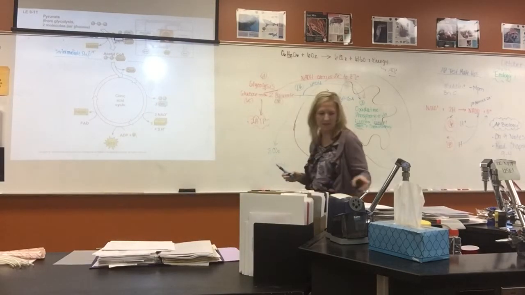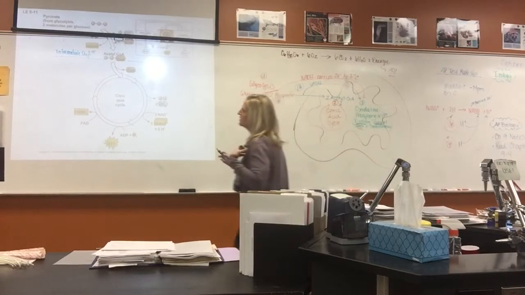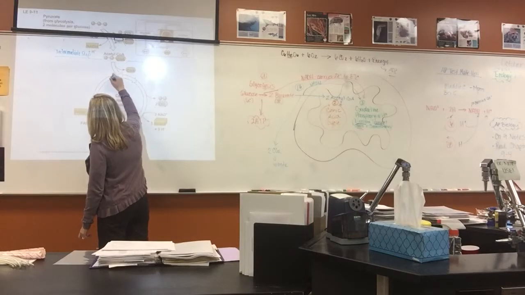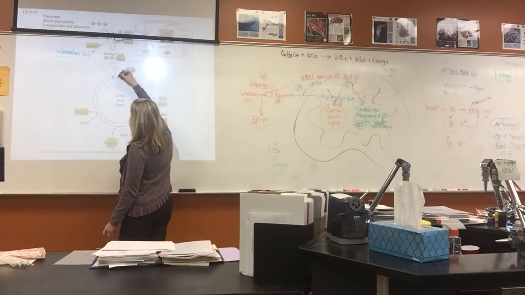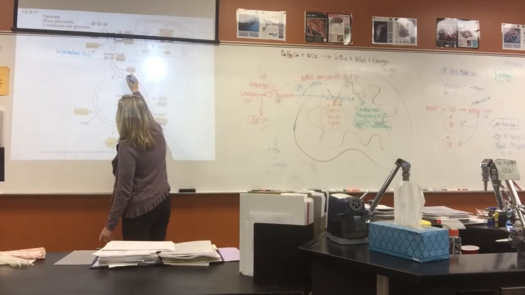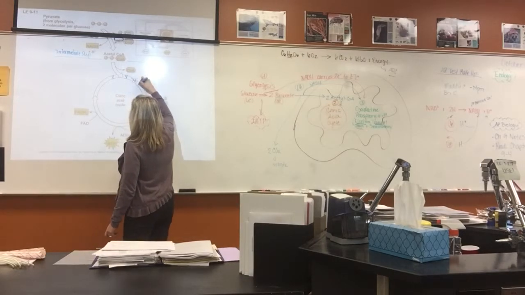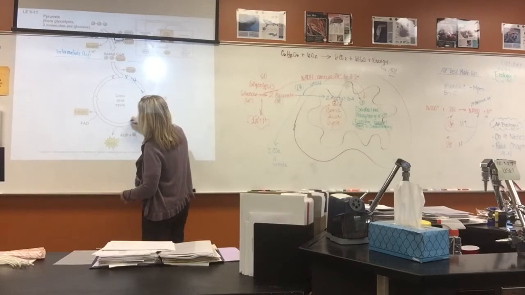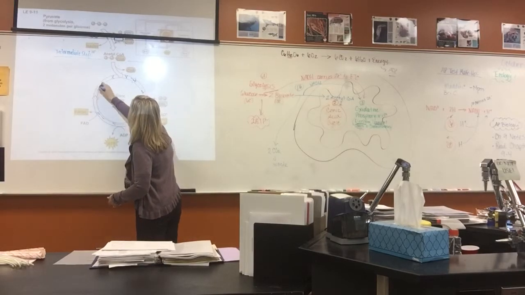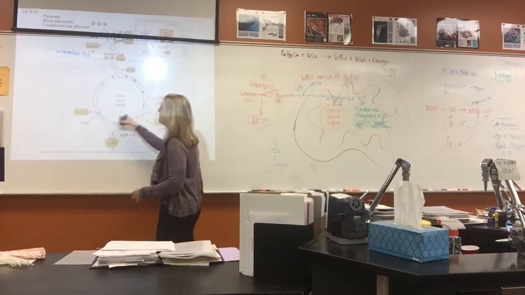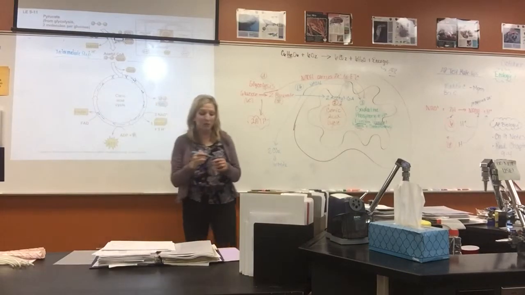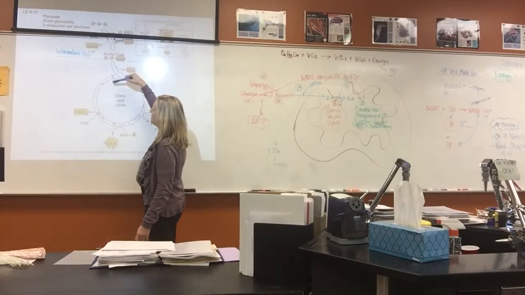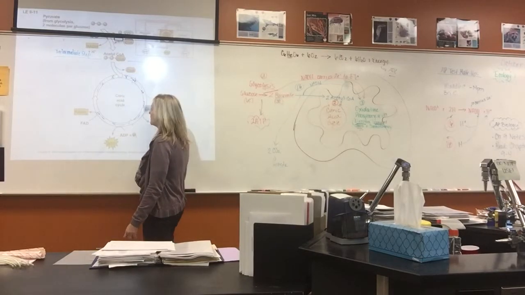So what happens is the citric acid cycle is a series of reactions. There's a molecule, I'll call it molecule X, that when acetyl-CoA comes in, it reacts with it and forms molecule Y. Then another reaction occurs and it forms molecule Z. And we go through a series of reactions until eventually, at the end of the citric acid cycle, you're back with molecule X, and that molecule can react with another acetyl-CoA, and the cycle keeps on happening.